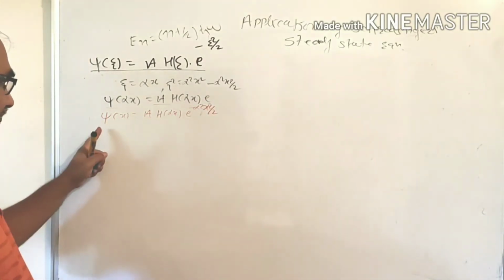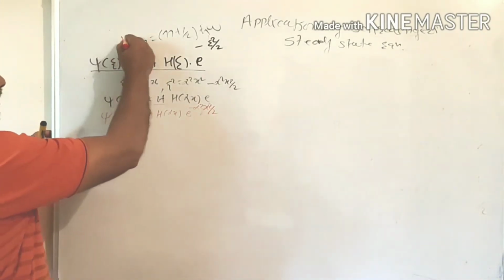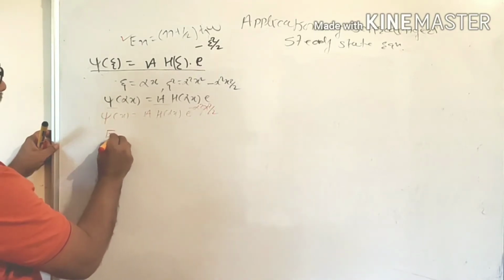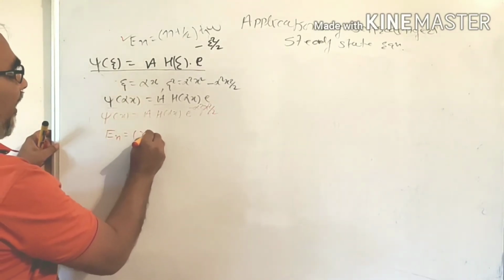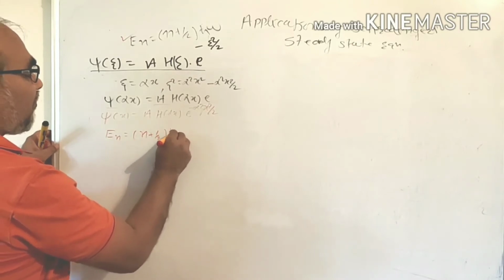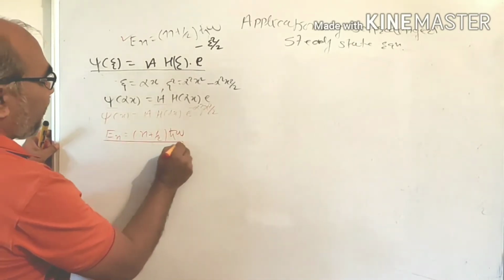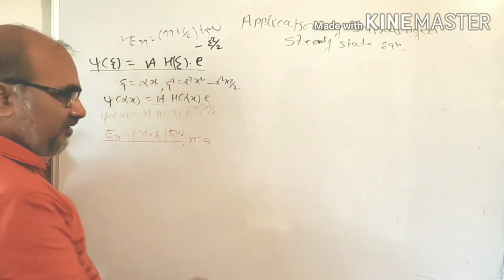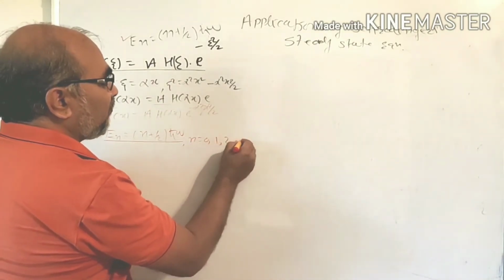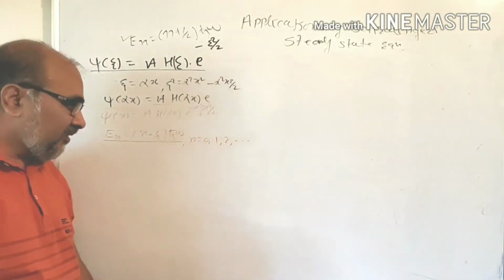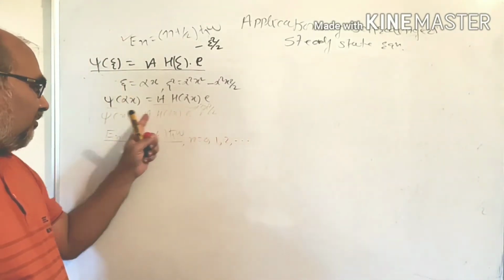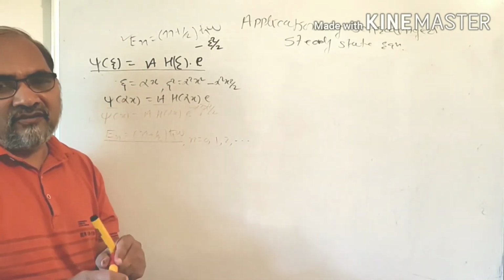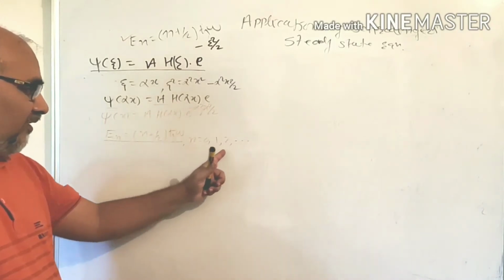Now we have the energy En equal to (n plus 1/2) h cross omega, and therefore this energy depends on the number n, that is n equal to 0, 1, 2 and so on. So this wave function should also depend on the different values of n.